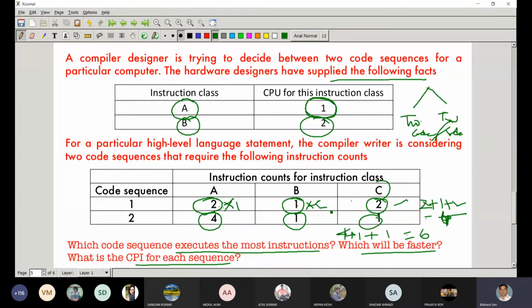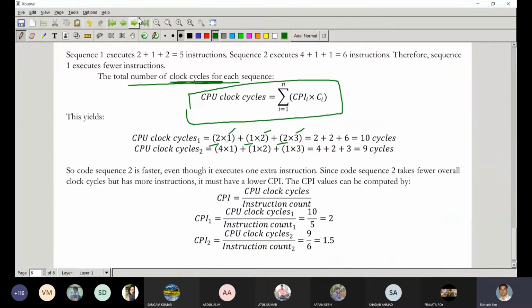After 1 clock cycle the second starts, after 2 clock cycles the third starts. So the total cycles for each code we found is 10 cycles for code sequence 1 and 9 cycles for code sequence 2.